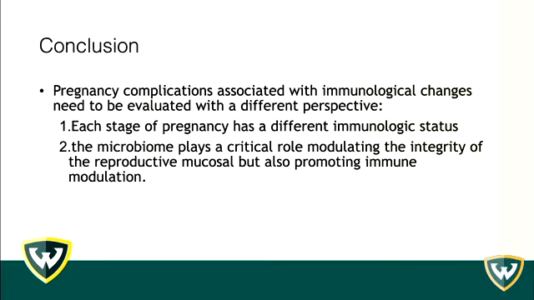It plays a critical role, as I mentioned, by modulating the integrity of the reproductive mucosa. So it maintains the integrity of the mucosa in the vagina, in the uterus, and potentially even the placenta. And it also has an important role in regulating or promoting immune modulation.